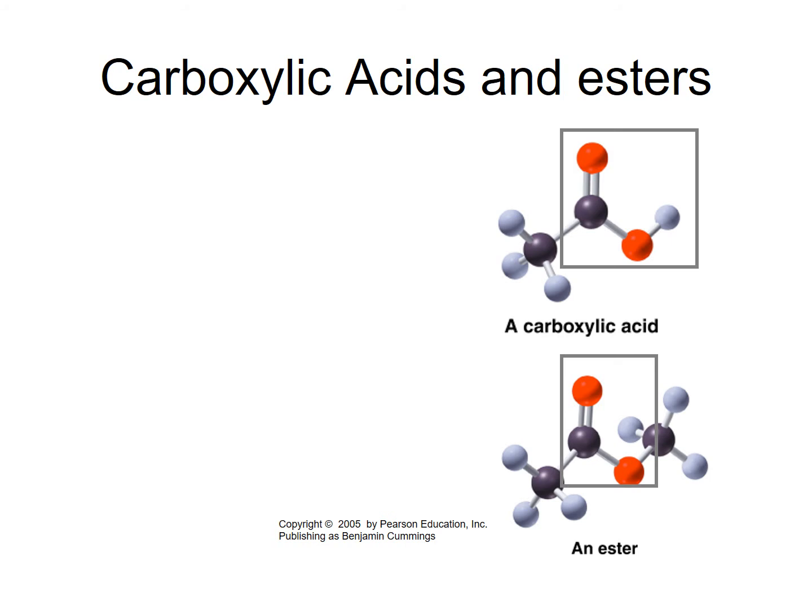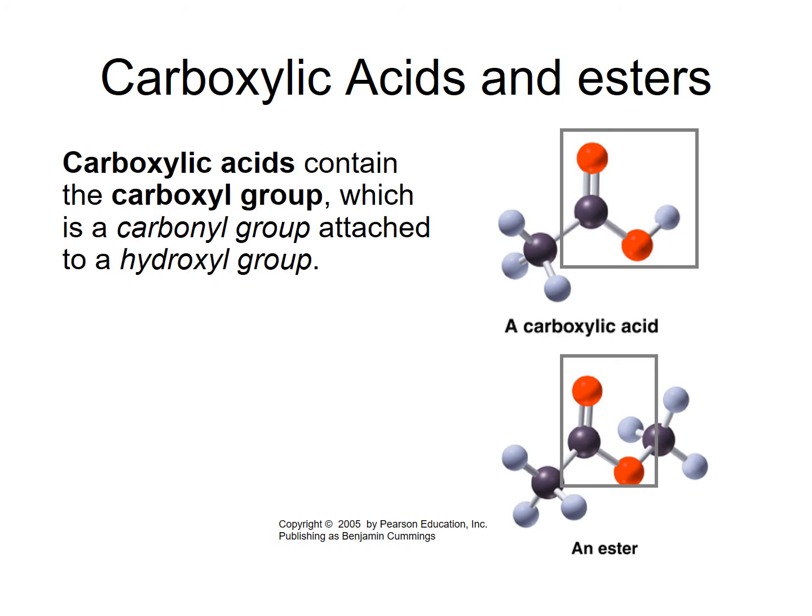The carbon double bonded O, remember, is called a carbonyl group. The single bonded OH is called a hydroxyl group. If we put those two names together, we get the functional group name carboxyl group. These are always going to lower the pH of water. They're going to be soluble in water and lower pH, so they're called carboxylic acids.